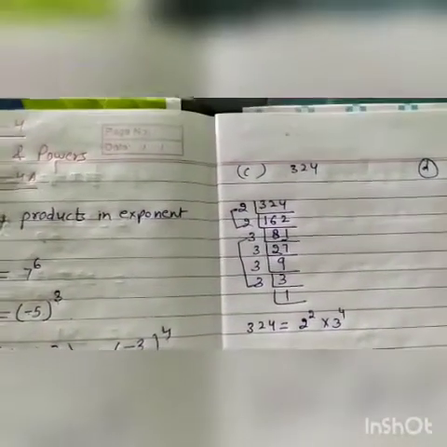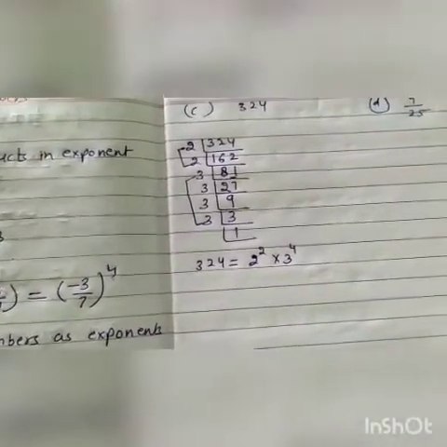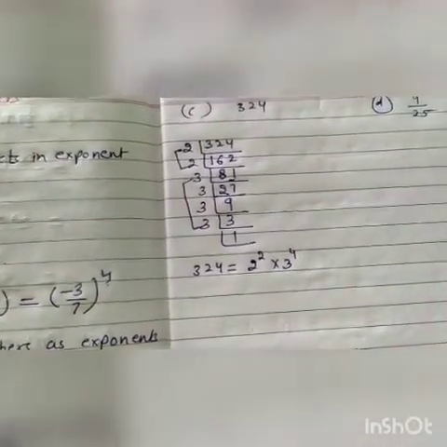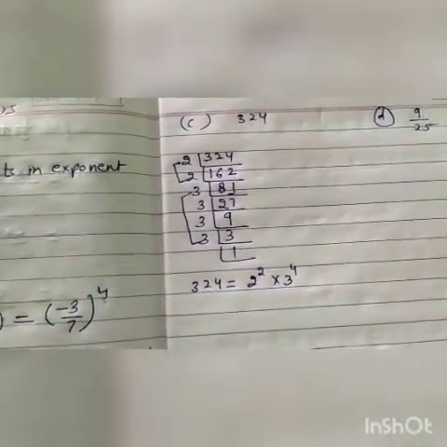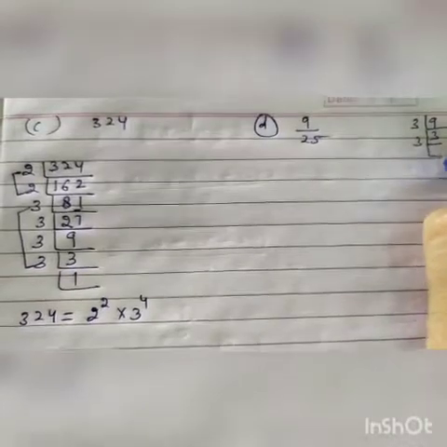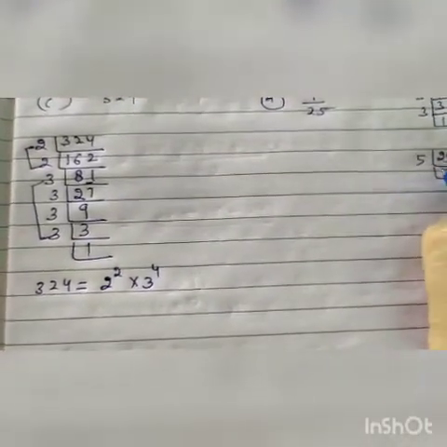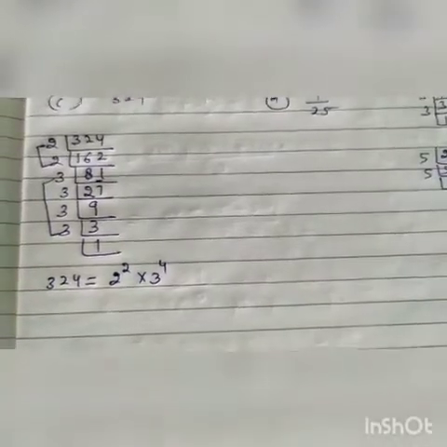In D part, it is 9 upon 25. Students, you know factors of 9. 3 3 ja 9, 3 1 ja 3. And for 25, 5 5 ja 25, 5 1 ja 5.